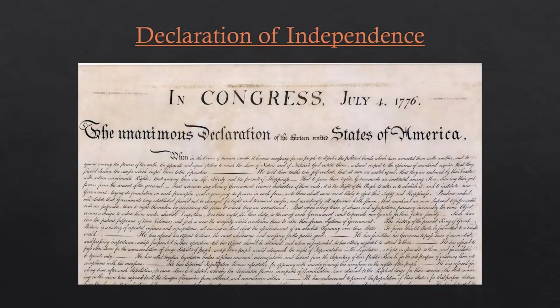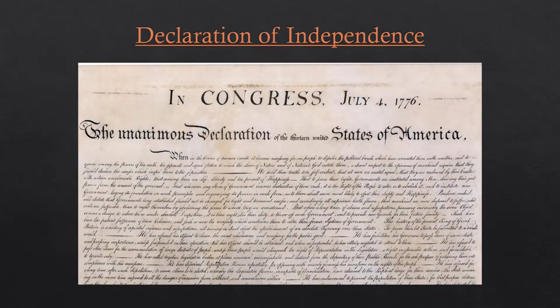This slide has a link to the text of the Declaration of Independence, and you have learning module assignment number 4, in which you are asked to read it in its entirety. It's not very long. You are to read it and answer some questions based on it. So that's something you want to make sure that you do when you are finished listening to this lecture.